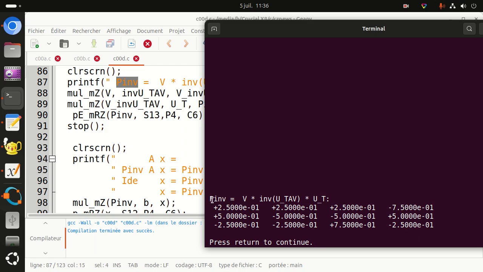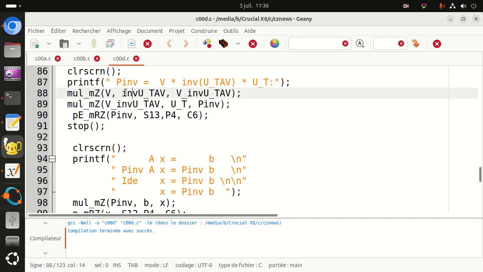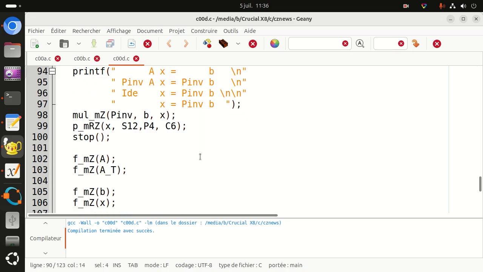To compute the pseudo-inverse, you must multiply the inverse of the diagonal matrix by V on the left, and on the right you multiply by the conjugate transpose of U, and this gives the pseudo-inverse. Then you multiply the pseudo-inverse by B, and you have the result.